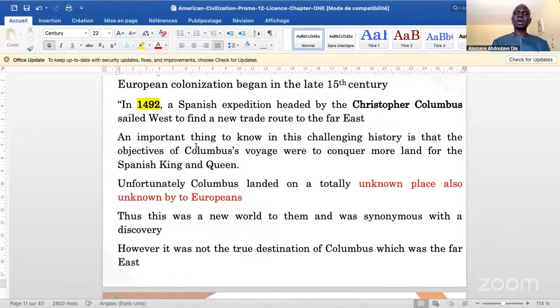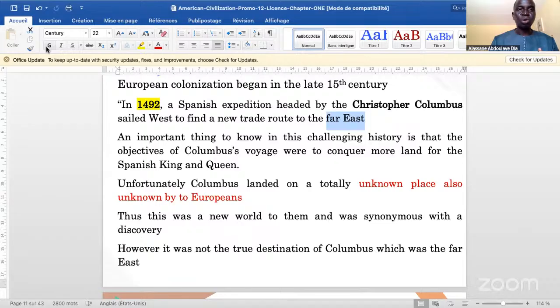So with Christopher Columbus, the European colonization began because the other one was not a colonizer, he was an explorer. And then with Christopher Columbus, we are now in 1492. What happened? In 1492, a Spanish expedition headed by Christopher Columbus, the Italian navigator, sailed west to find a new route to the Far East.